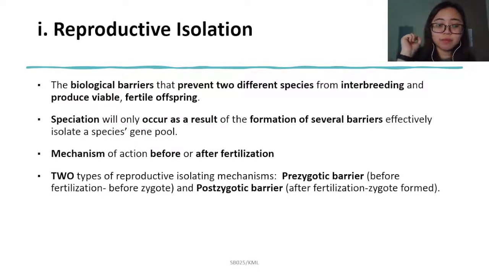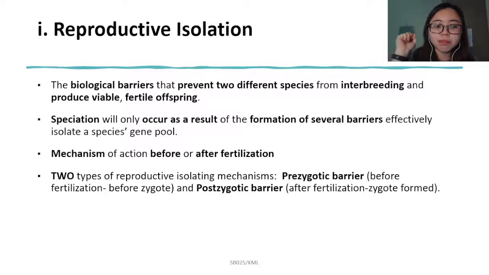Secara ringkasnya, apa yang mau dikatakan di sini adalah reproductive isolation adalah bila dua populasi atau dua spesies itu tidak dapat membiak sama-sama, kan? Ada beberapa sebab kenapa diorang tidak dapat saling membiak ataupun membiak dengan efektif. Sebab-sebab itu boleh dipisahkan kepada dua kategori.